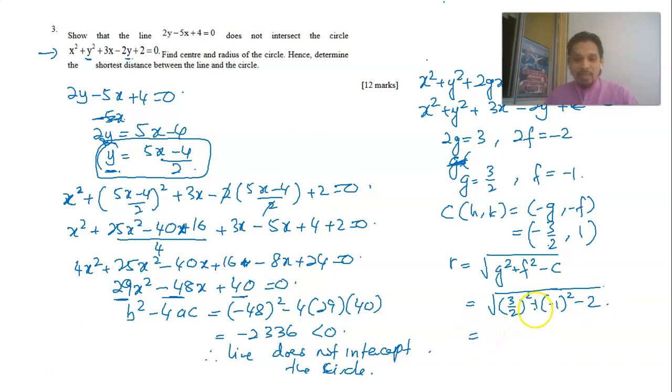Simplify this and you get the radius is square root of 5 divided by 2. So now the shortest distance from the center of the circle, negative 3 over 2 and 1, to the line.